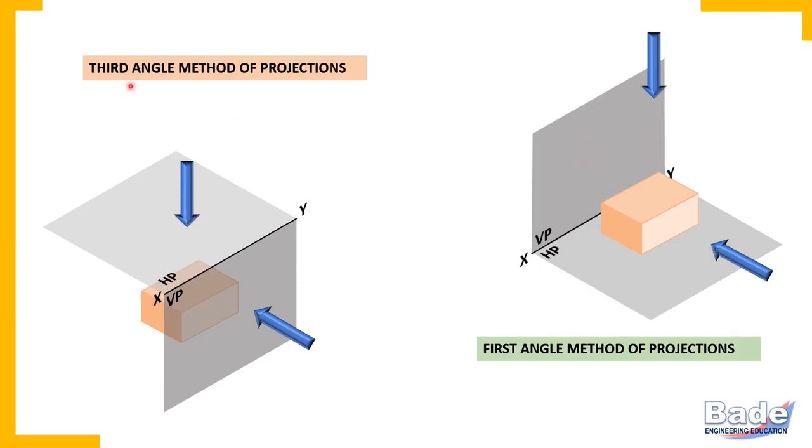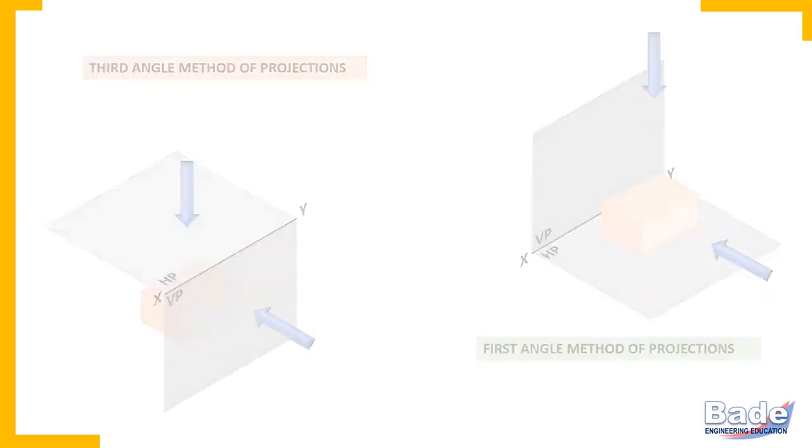But in the third angle method of projection, the reference plane is in between the observer and the object. Check again. Observer and object, in between these two, the reference plane is. In subsequent videos, we are going to use the first angle method of projection. So we'll focus on the first angle method of projection now.